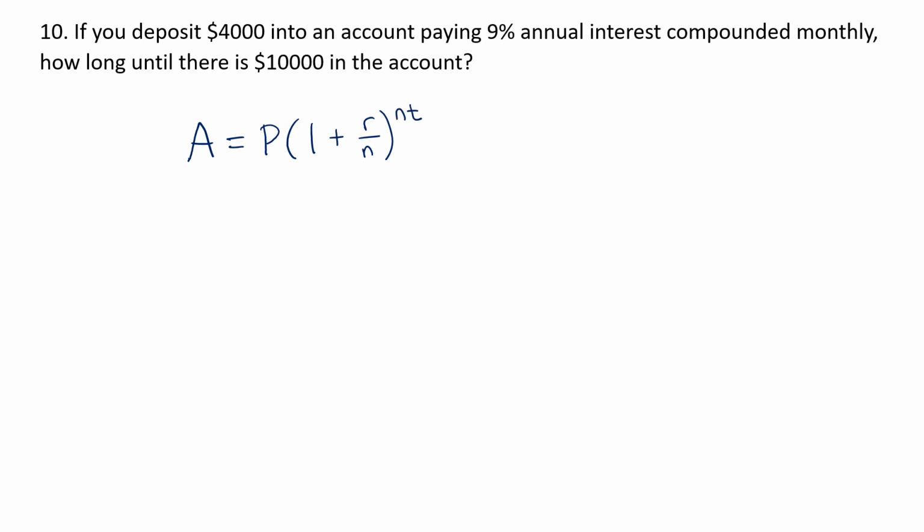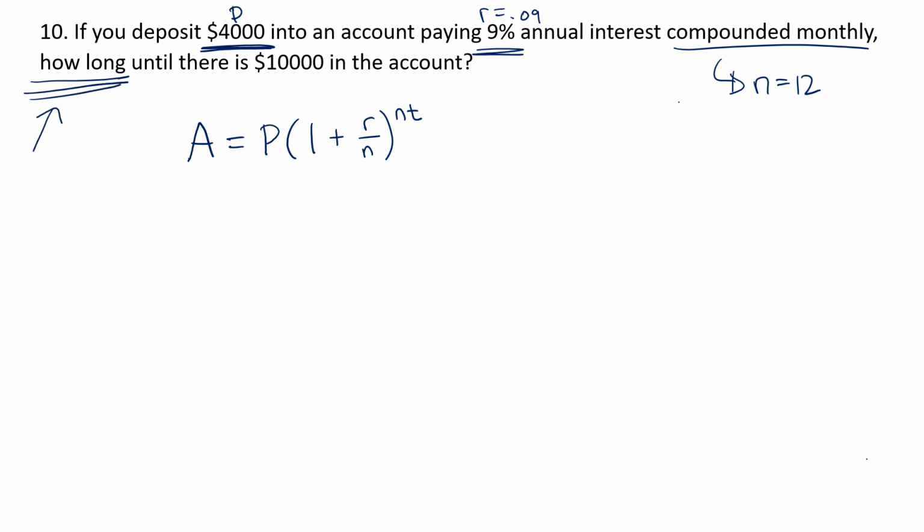Go through and figure out what you're solving for. Or you could just go through and name each number. So you deposit $4,000. Since that's what you deposit, that's your principal. The account pays 9% annual interest, that means that R equals 0.09. It is compounded monthly. Compounded monthly means that N is 12 because it's 12 times per year. And how long? Now we've reached the question, how long?